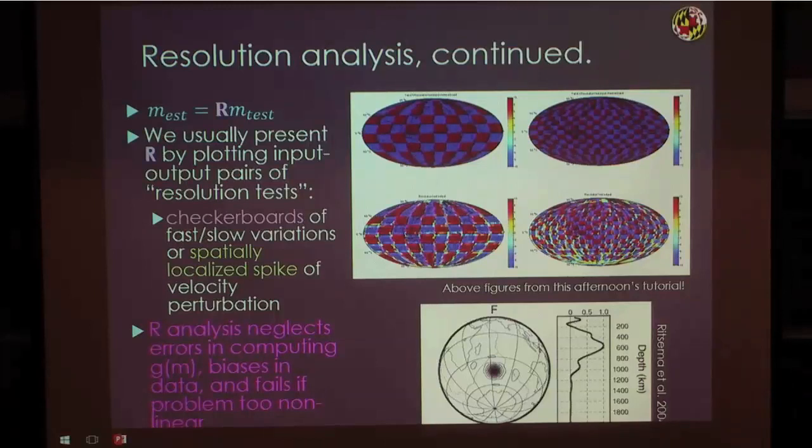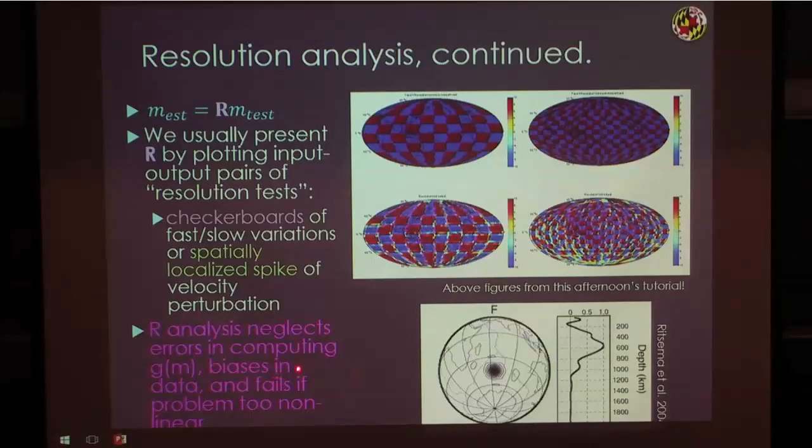How well can you resolve structures in the model? Now, it's really important to remember that this kind of analysis is very limited in some sense. It neglects the errors in computing G of M, because when you computed your test data, you just used the same theory. So as long as the theory was consistent, this resolution operator analysis won't tell you that your computation of the data was incorrect.